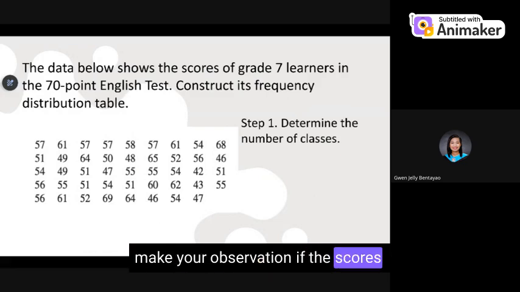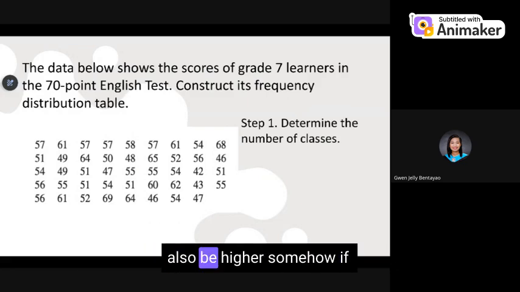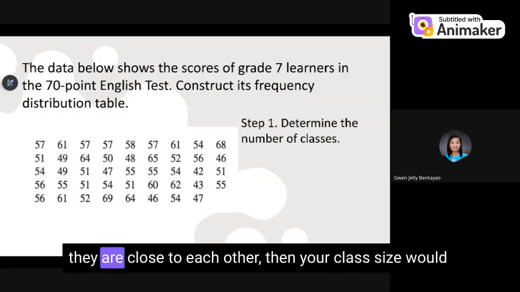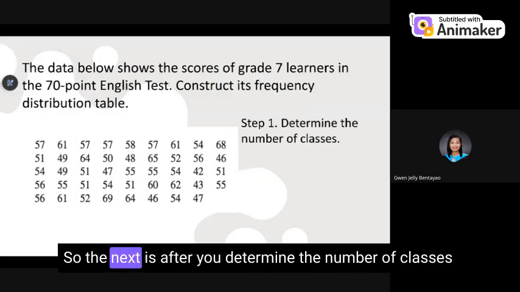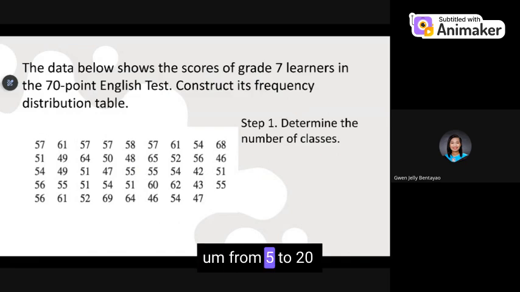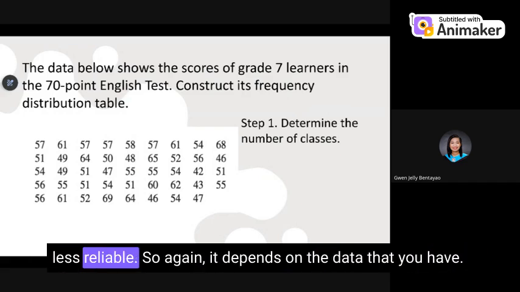If the scores are concentrated close to each other, obviously your class size will be smaller. The number of classes could be from 5 to 20. More than 20 would be questionable, and below 5 would also be less reliable. So again, it depends on the data that you have.